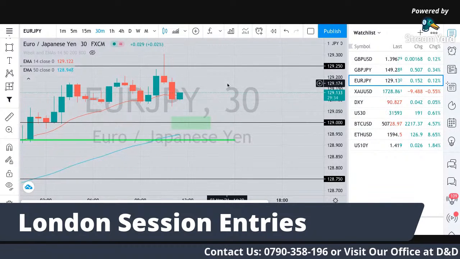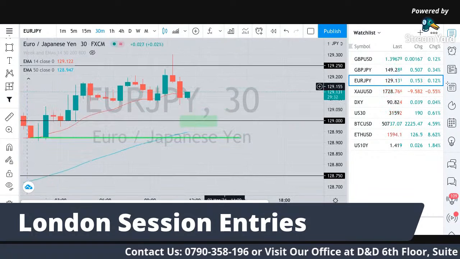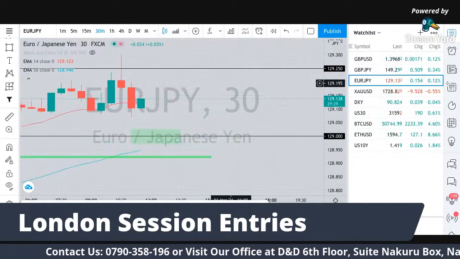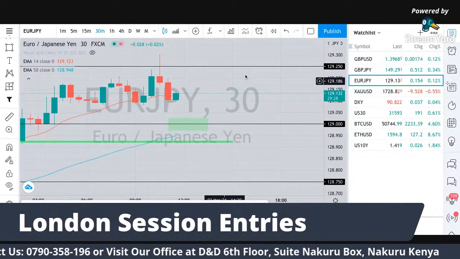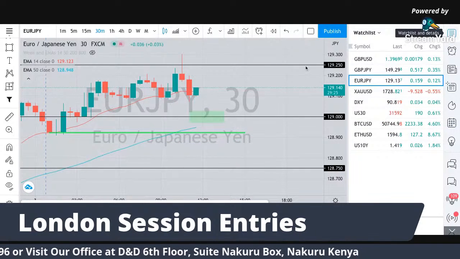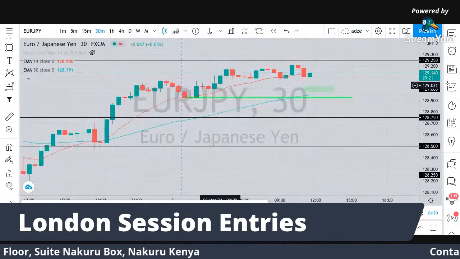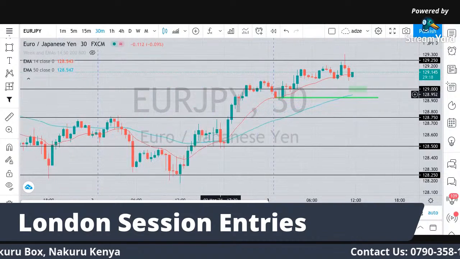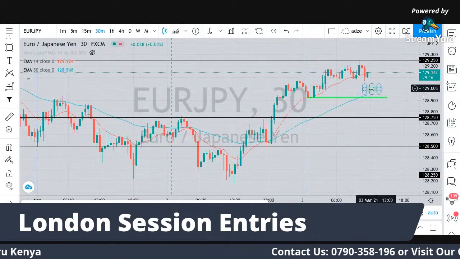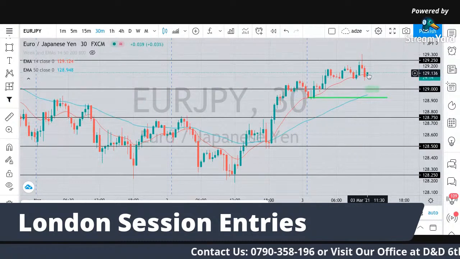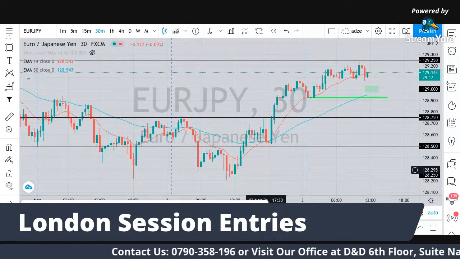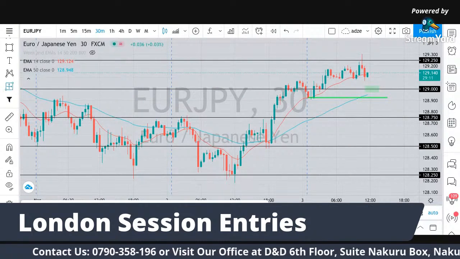Remember, if you go against the macro, the chances of price taking you out in a macro trend is very fast. So we'll wait for price to retrace up to this level to get some entries.